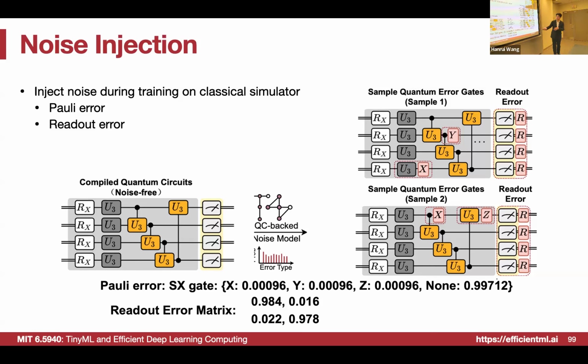So what is the usage of this? The meaning is that the 0.98 on the diagonal says that if the ground truth is 0, then there will be 98% probability I measure 0. But there is still around 2% probability that I measure 1 when it is actually 0. So that's the readout error, right?